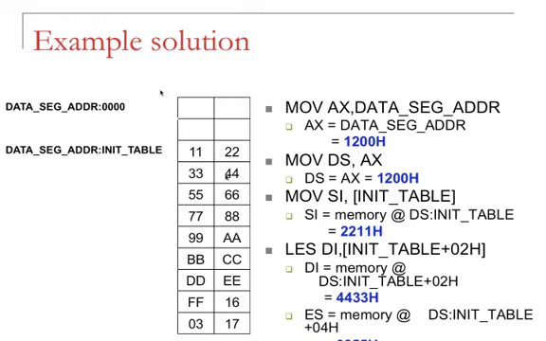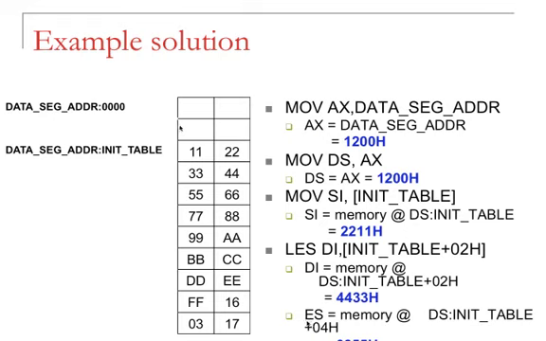And remember, we need to update the ES register. So after loading 4433 into DI, we're going to load another 2 bytes, or a word, into ES. We're going to look at the next 2 bytes, which is 6655. So this word, 6655, is going to be loaded into ES.